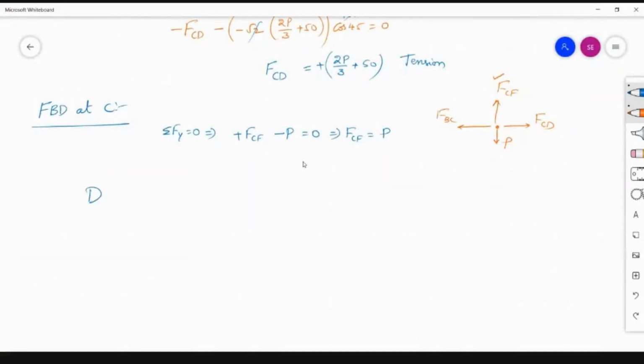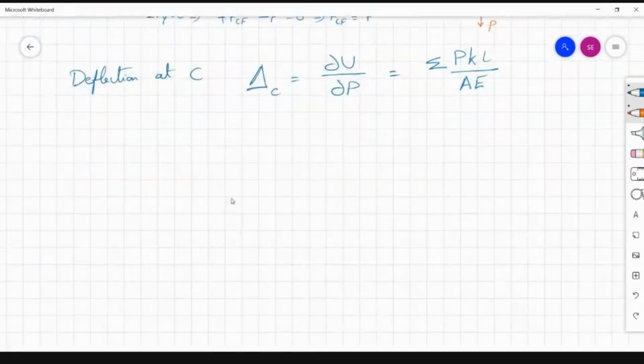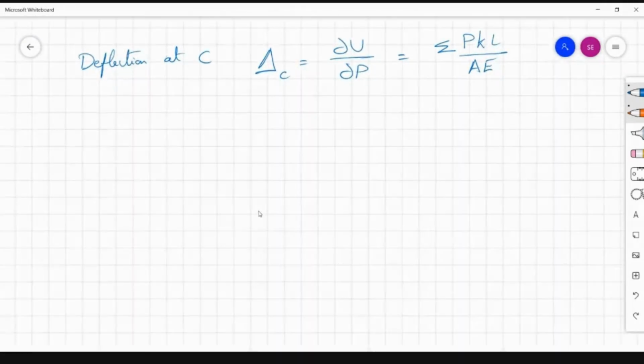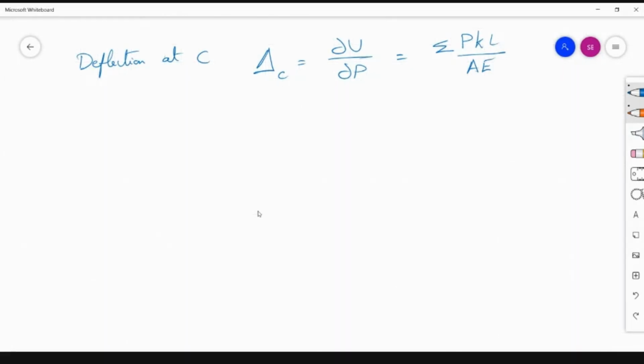So deflection at C, delta C, is equal to dou U by dou P, and this is nothing but sigma P k L by AE, sigma P into k into L by AE.